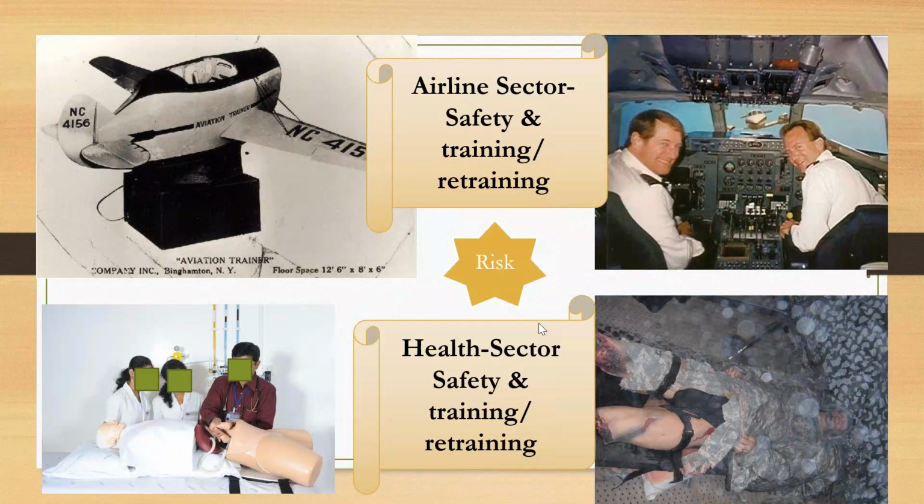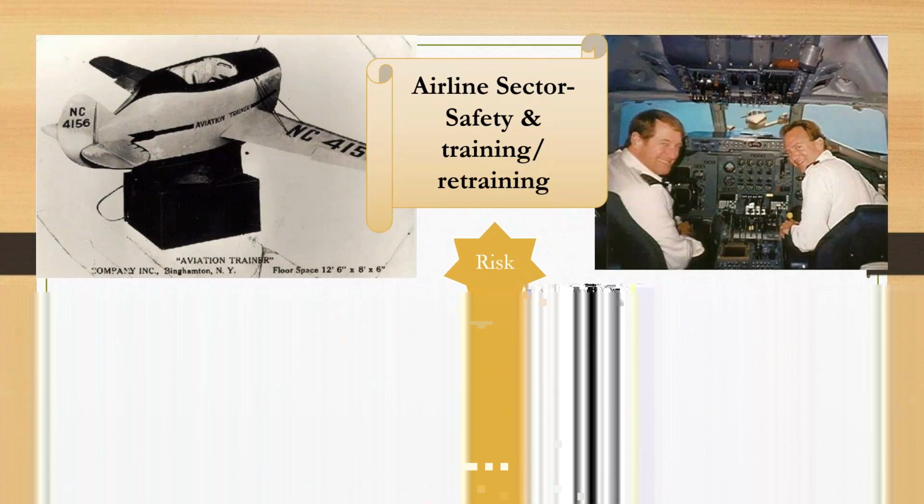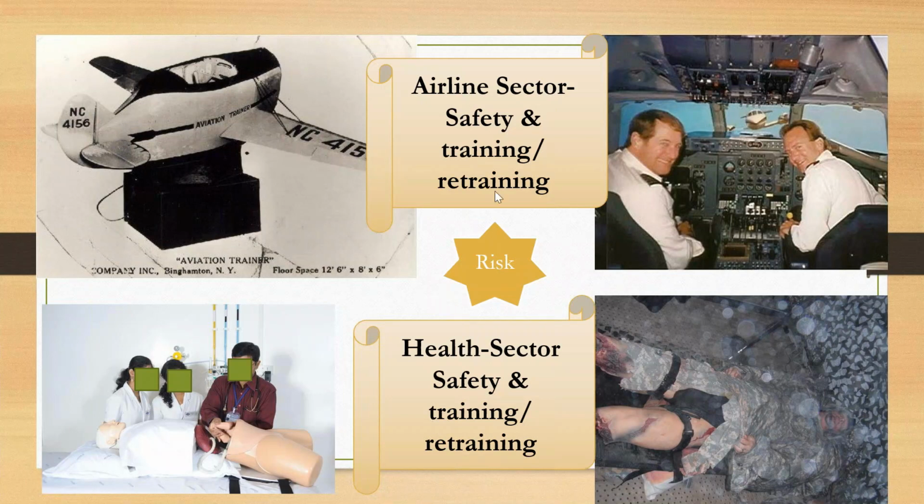Compared to that, the health sector: recently, because of COVID, there are a lot of risk factors, such as personal protective equipment. Yet how much do we look at training and retraining? Many people never get retrained, and especially simulation, we are not using so frequently. When we compare the risk in the airline and health sector, it is more in the health sector, but training and retraining is a norm in the airline sector.